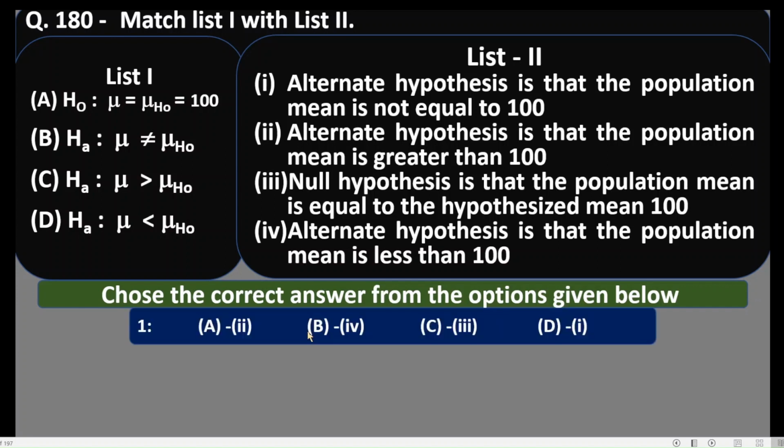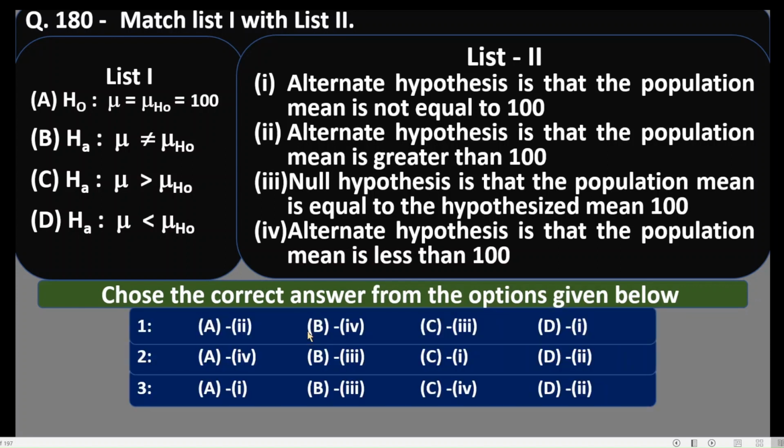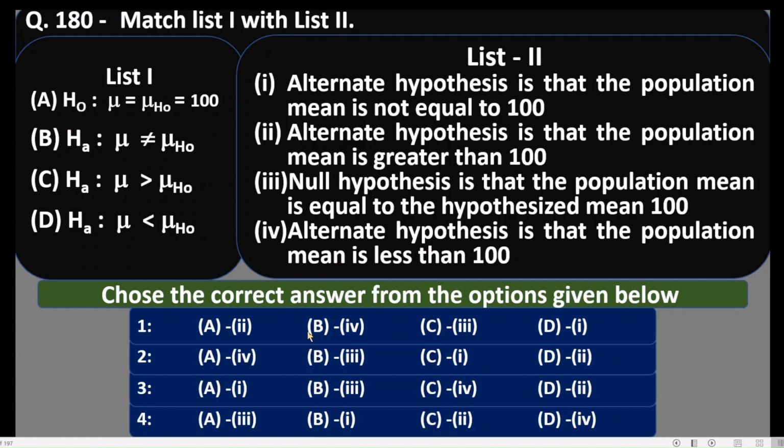We have to match list 1 and list 2. For each situation of list 1, we have to find the interpretation in list 2, and we have already interpreted it. So let us see the option.